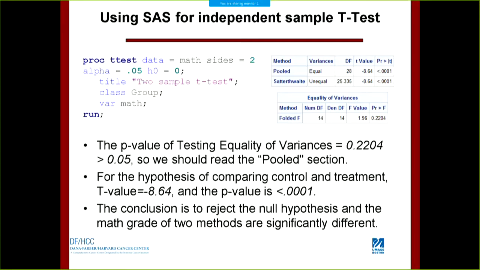So the conclusion is that the math grades of the two methods are significantly different. The new method makes the math grade much higher compared to the original method at the 5% error significance level.